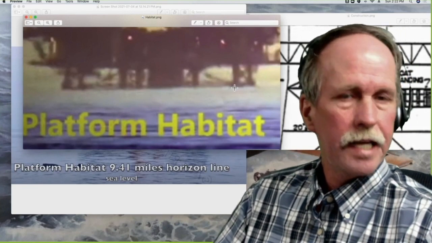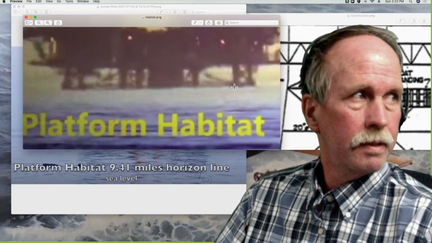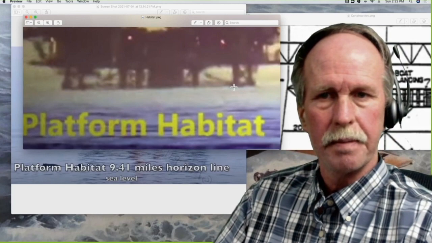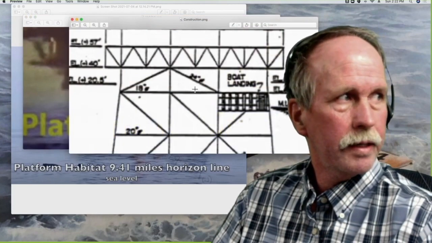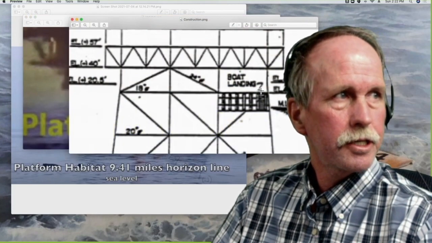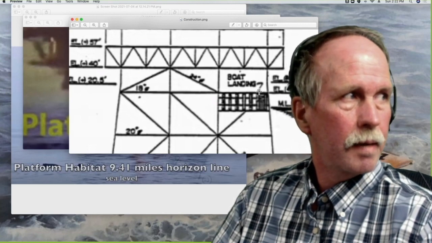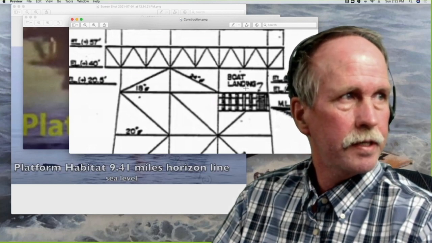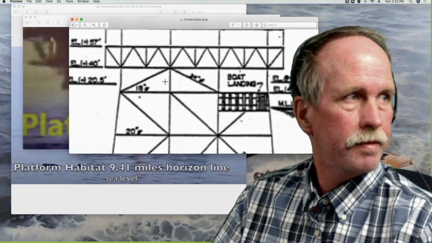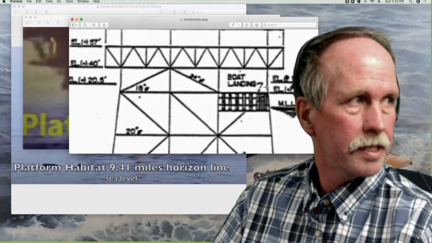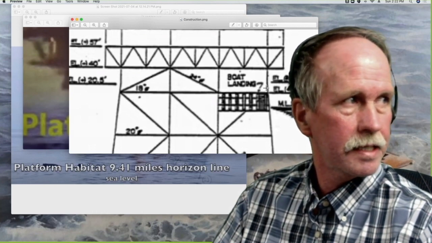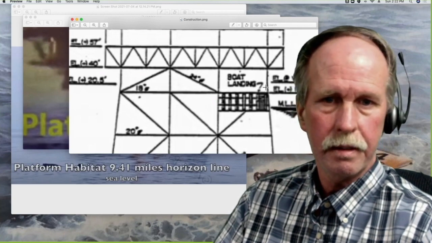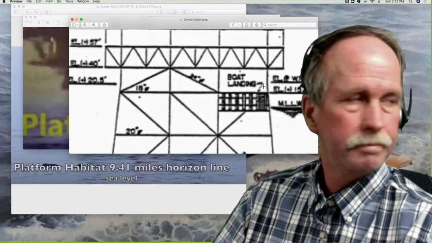I'm going to say that goes to that other cross member. And according to this construction document, I'm going to say it's somewhere between 15 and 20.5 feet of elevation, because I think we're looking at something in this area right here. How do you feel about that?